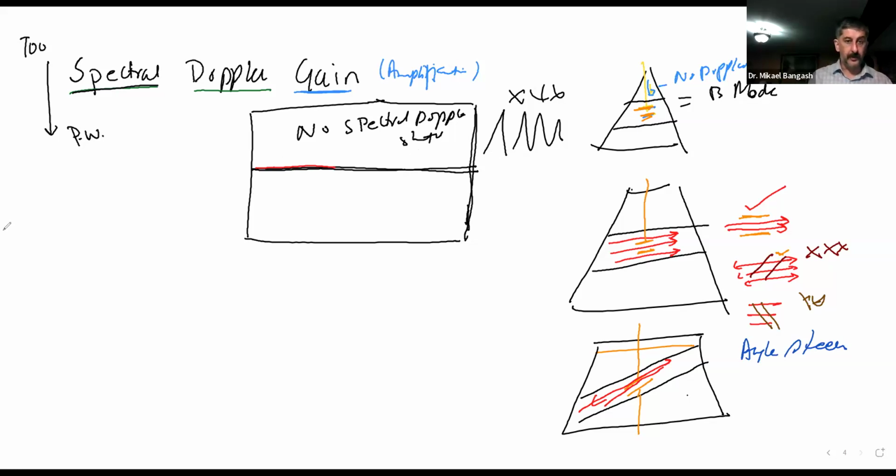So what do we do? Scooby-Doo, what do we do? Increase the gain. Okay. Practically, in your system, how do you increase the gain?